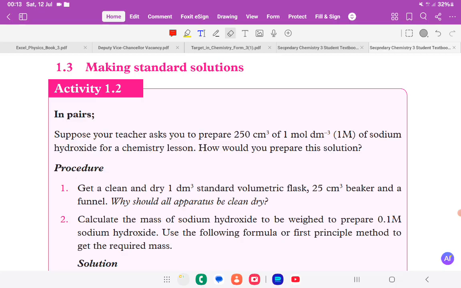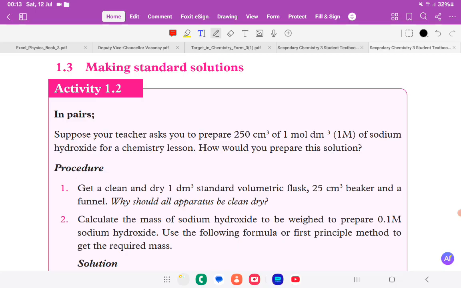Okay, so we are going to discuss how you can prepare a standard solution. For your information, your chemistry paper 2 requires you to explain how you can prepare a standard solution. Remember, a standard solution is simply one whose concentration is known accurately.